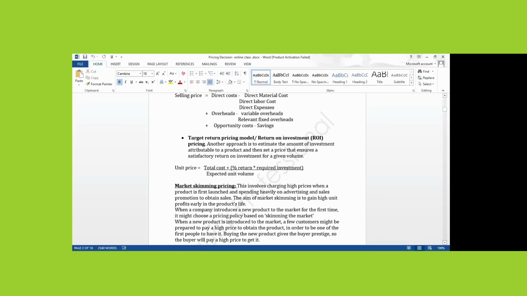What are these strategies? One, market skimming pricing strategy.